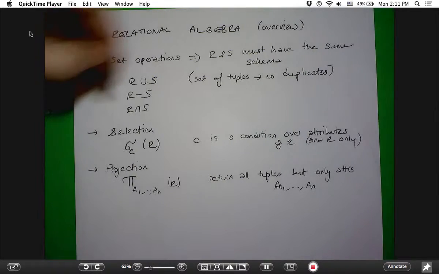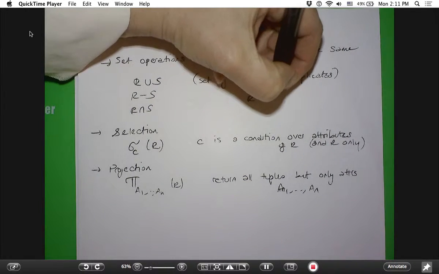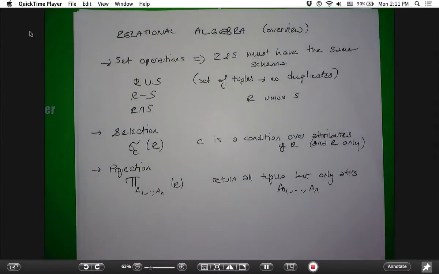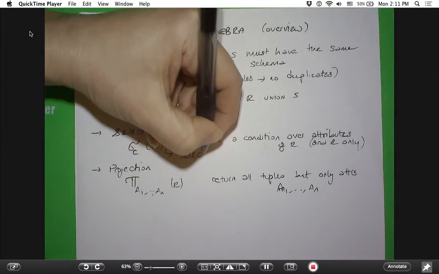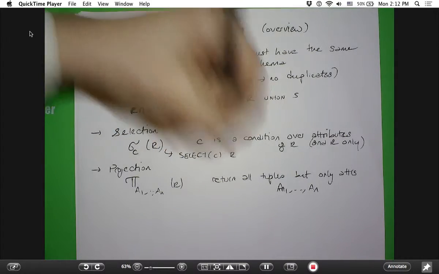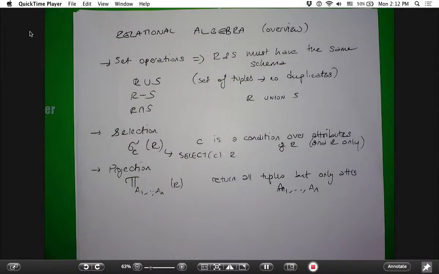So instead of this, you can just say R union S. Instead of this, you can say select C from R. So you can have shortcuts for these. I don't care that I have the Greek symbols, but I feel like you should be able to figure out how to do that. But if you don't want to use LaTeX, you can still type it in a readable way, as opposed to kind of handwritten, which is much harder for your TAs to read.